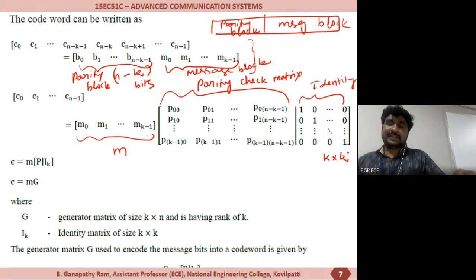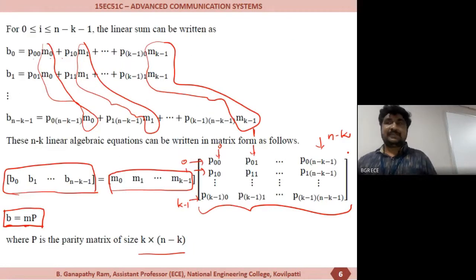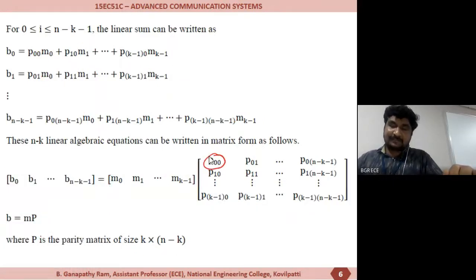And the entries of the parity matrix depend on the correlation between the message bit and the parity bit. The entries in the parity matrix are represented by either 1 or 0 in such a way that if the parity bit has a correlation on the message bit, then it will be represented by 1.